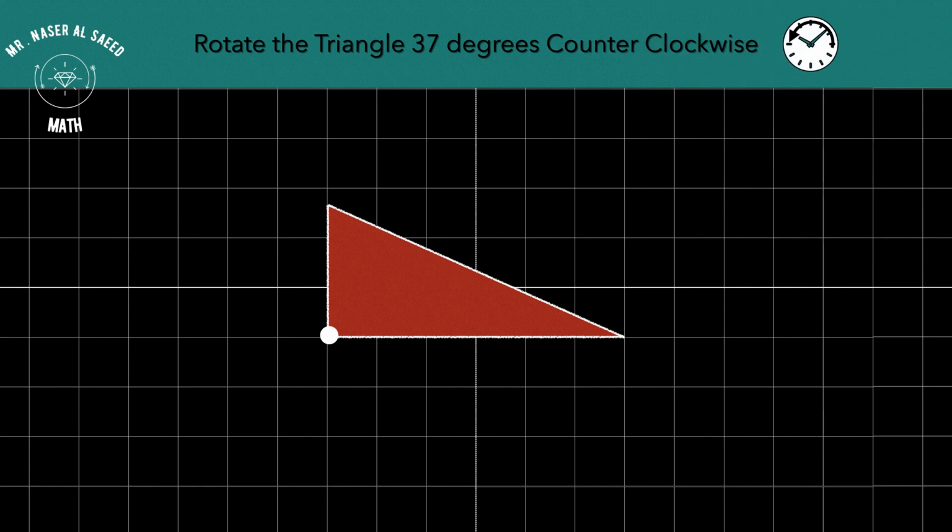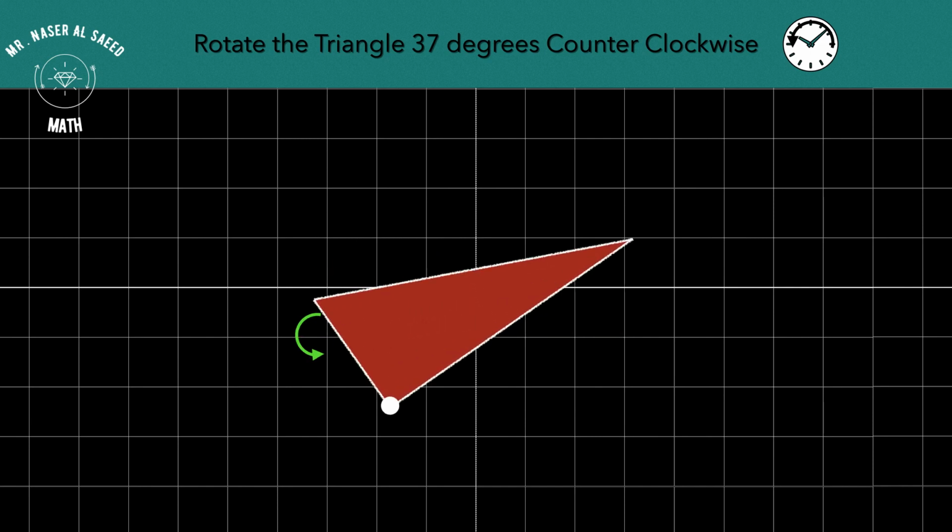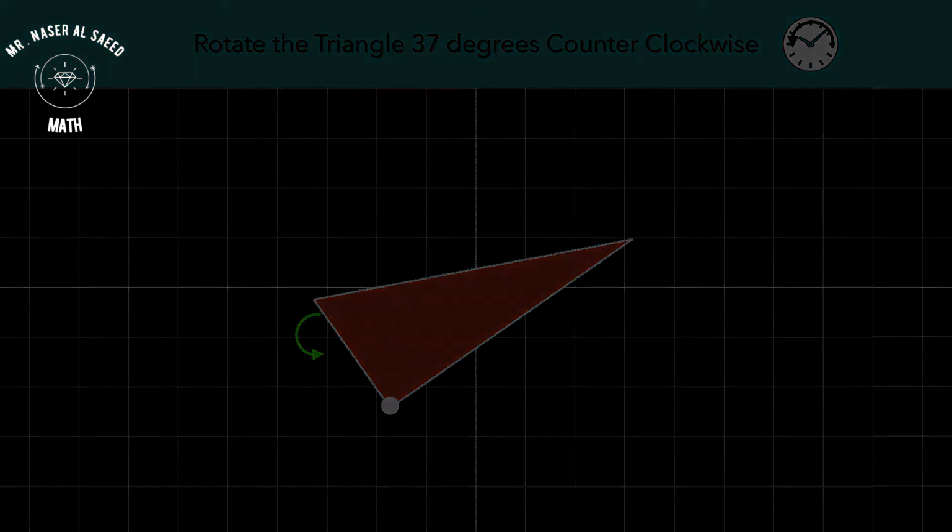Counterclockwise is the opposite direction. So there's our angle of focus, the right angle, and we are going to rotate that 37 degrees that way.